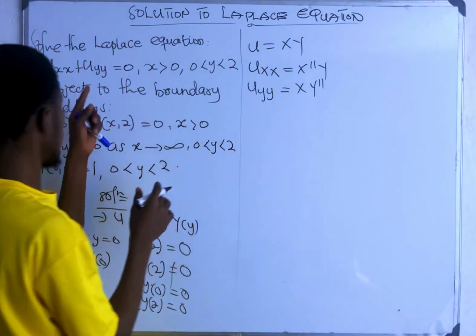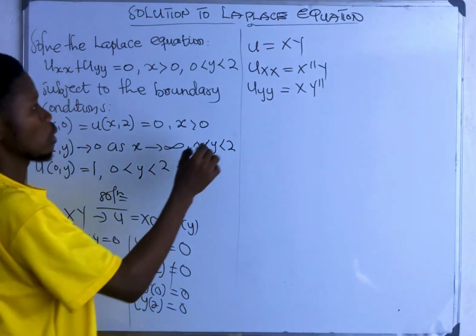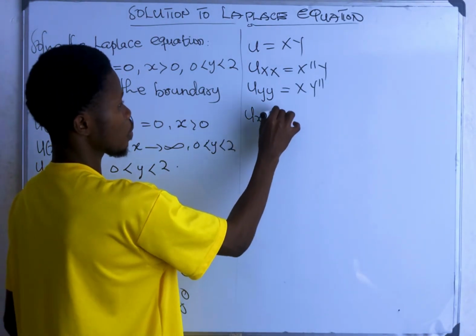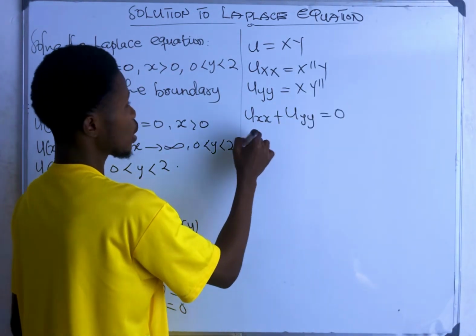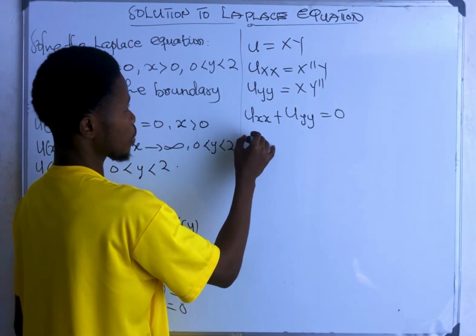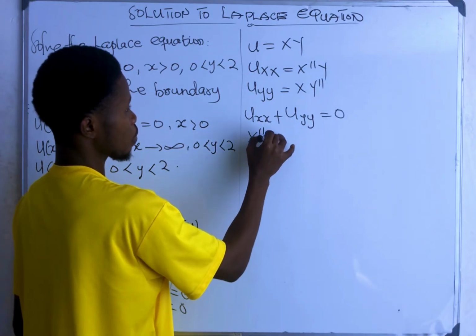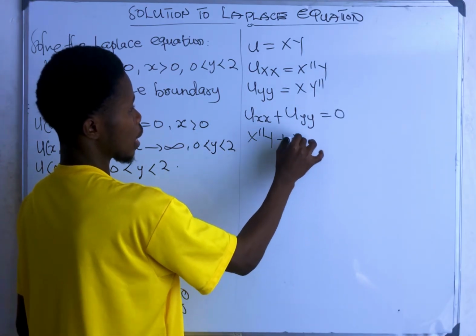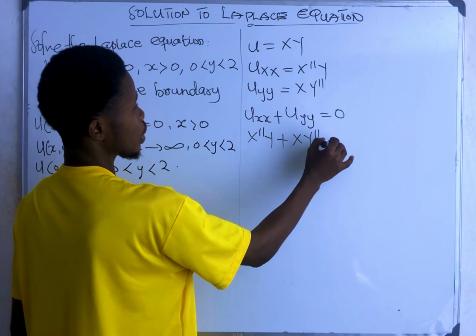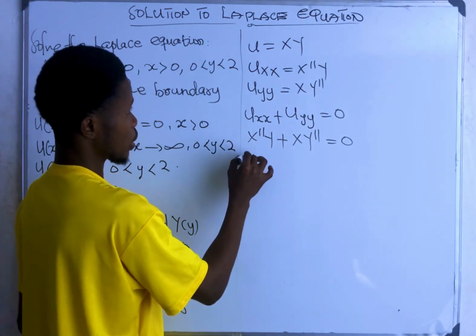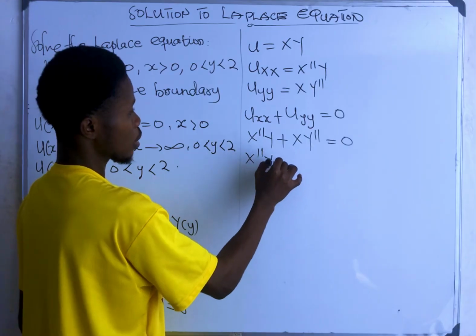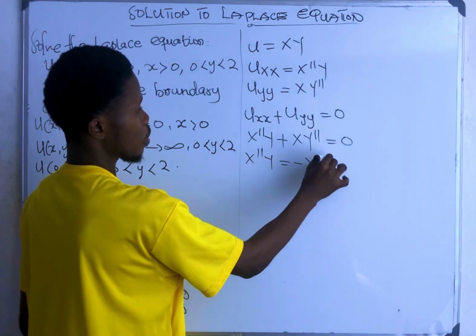So we then come and substitute here, u_xx plus u_yy equals 0. u_xx is X''Y plus XY'' equals 0. So here, let me send the other one to the other side. This gives us negative.